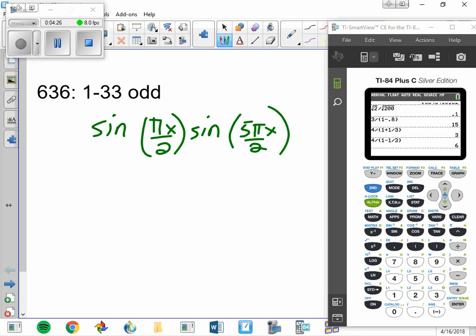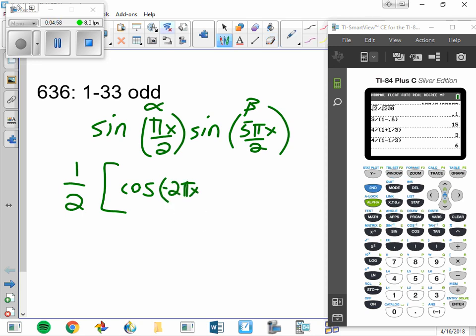The first one, 1/2 times the cosine of alpha minus beta. So this is alpha and this is beta. What is pi x over 2 minus 5 pi x over 2? Negative 4 pi x over 2, which is just negative 2 pi x.